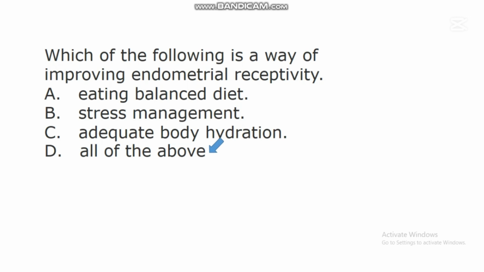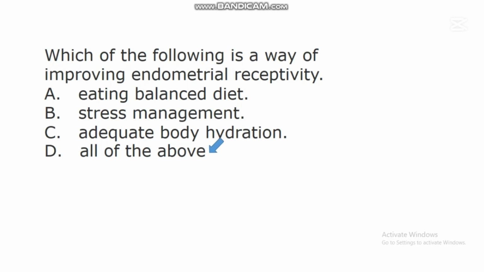Another way of improving endometrial receptivity is by managing stress. Studies have shown that stress is one of the factors that can affect implantation. So when stress is managed very well, it is a way of improving endometrial receptivity. Water plays a great role in the body system of both men and women.